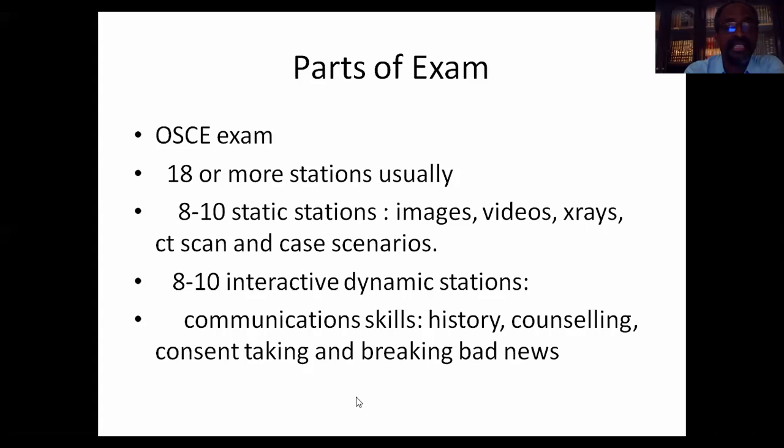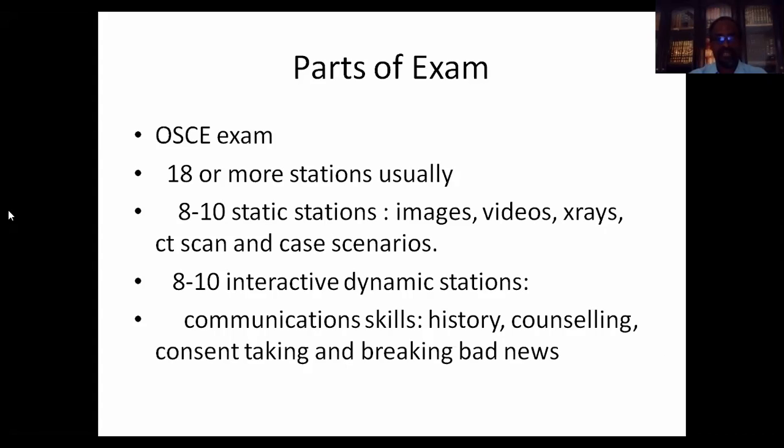The other 8 to 10 interactive dynamic stations are divided into communication skills, such as history taking, consent taking, breaking bad news. All of these are communication skills.